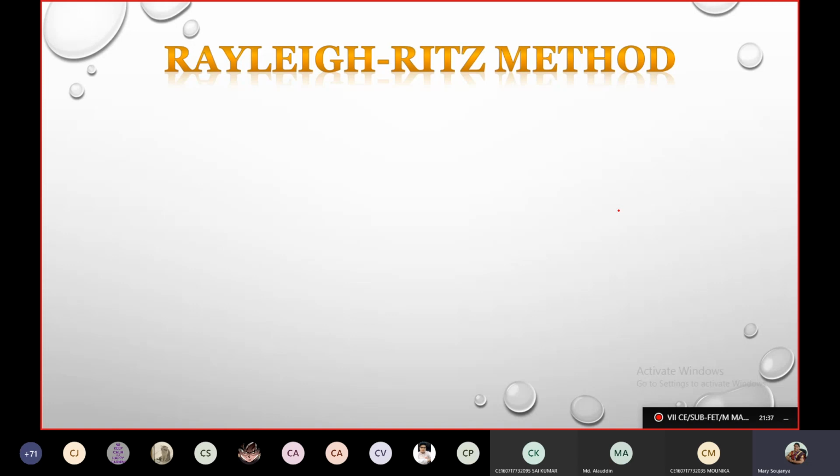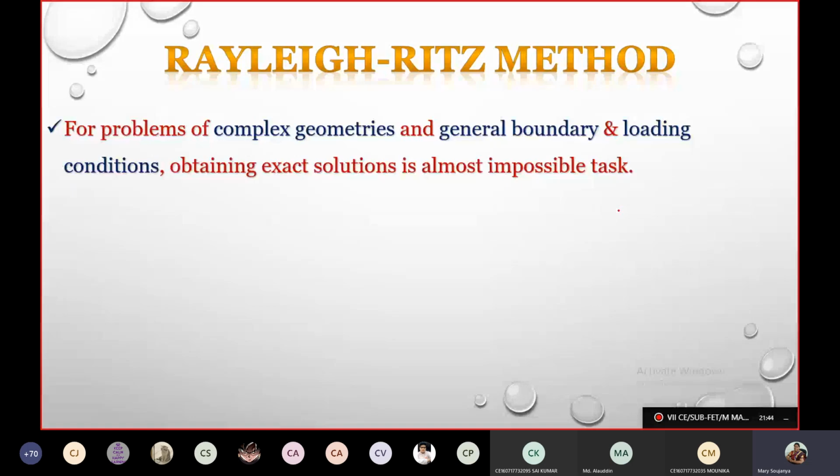Now, the reason behind taking the Rayleigh-Ritz method: in the very first class we saw that in the field, we will have problems with complex geometries. We will have complex general boundary and loading conditions. So when there is a combination like this, a complex shape with general kinds of boundaries and general loading, that is also a risk.